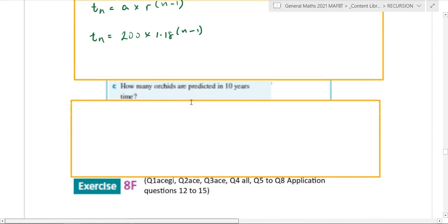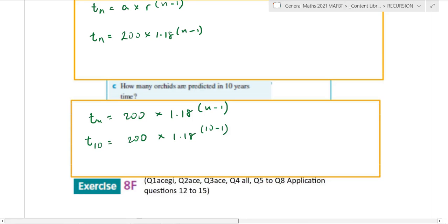And then part C is now use that rule to find the number of orchids in 10 years. So T10, looking at the rule, Tn equals 200 times 1.18 to the power of n minus 1. And I'm looking for term number 10, so T10 equals 200 times 1.18 to the power of 10 take away 1.